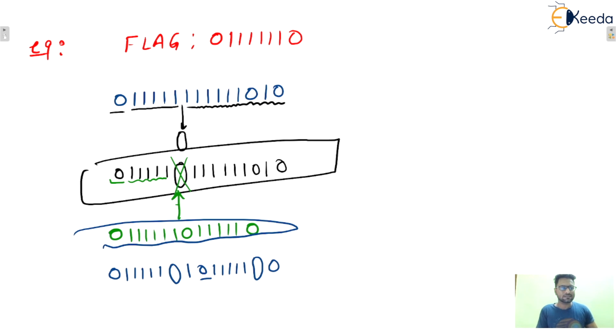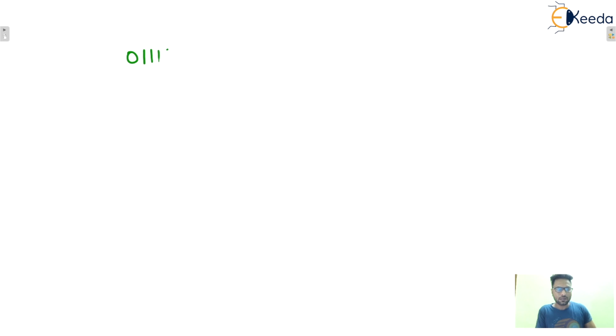When this reaches the destination, the destination will see 0 followed by 5 ones, so it will remove this 0. After that it will see 0 followed by 5 ones again and remove this 0. It will understand that after 0 followed by 5 ones, there is a bit stuffed by the sender, that is 0. I hope this one is clear to everyone. So whenever the data is like this, only 5 ones, the sender will also stuff a 0, because the rule is the same everywhere.